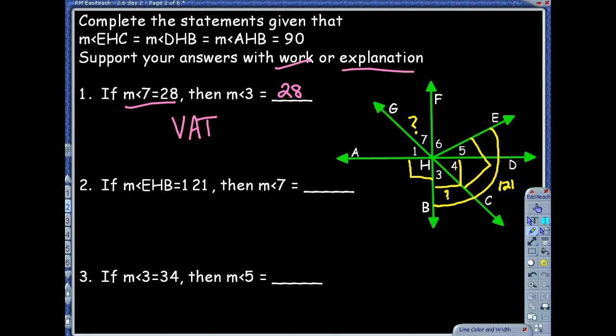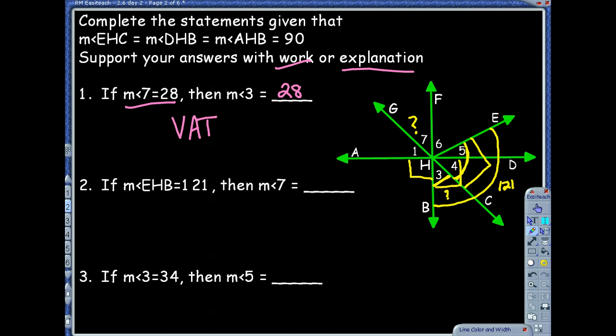The reason I'm thinking angle 3 is because angle EHB has angle 3 as part of it. I know that angle 3 plus the measure of angle EHC makes up angle EHB, which is the 121. So altogether, the 3 and the 4 and 5 together are 121.